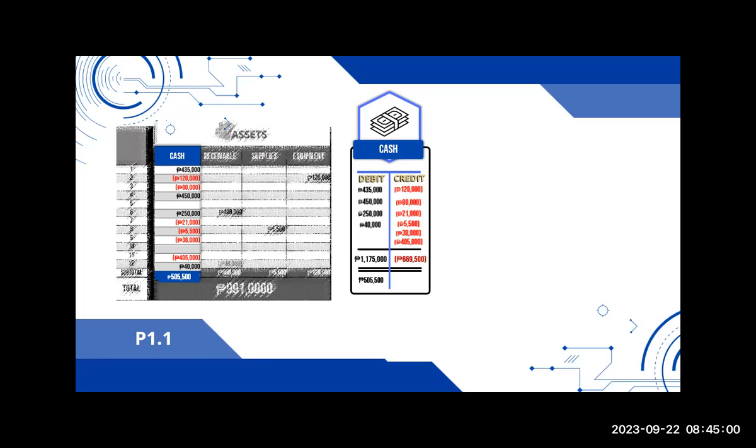What is the beginning balance of cash? 0. What is the ending balance of cash? 505,500. How did it become 505,500 from 0? It will tell you the changes. These are your changes. And then each change or each plug-in will signify one economic event that impacted cash, right? So, yeah. So 505. So it balanced. So we're correct in terms of our T account.